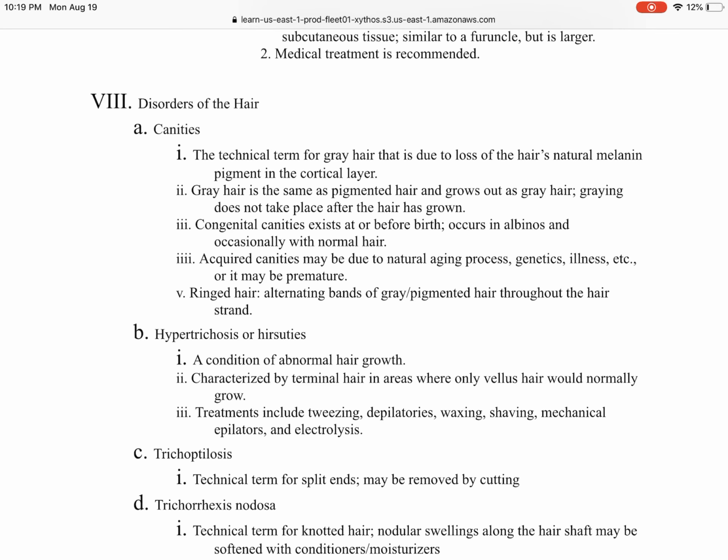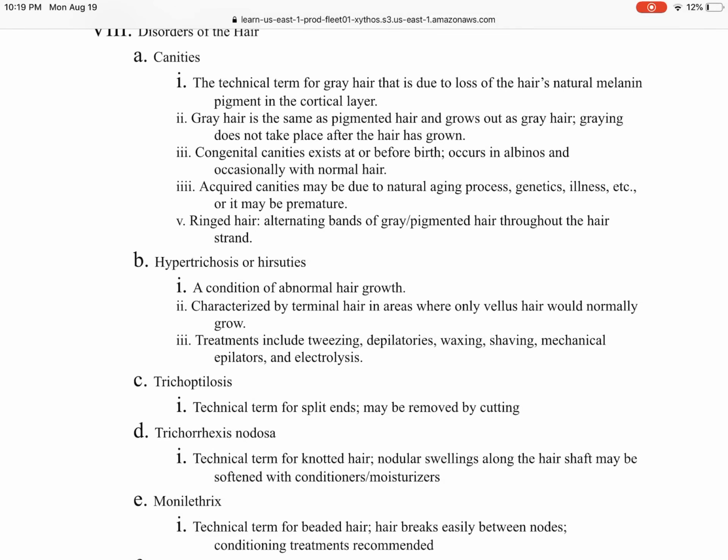Hypertrichosis is another disorder. Hyper means excessive. Trichosis is a study of hair. So hypertrichosis is a condition of abnormal hair growth. An example of that is a mustache on a woman, or, as this one says, terminal hair where only vellus hair would normally grow.